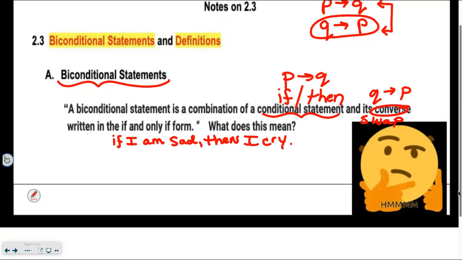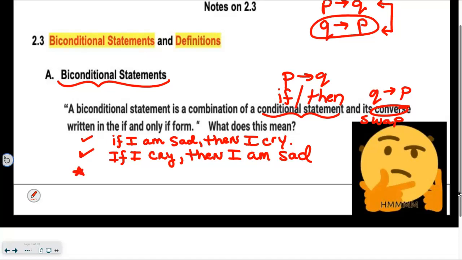And I'm going to take its converse, which means I'm going to swap them. If I swap them, if I cry, then I am sad. So that's what this means up there when it says a combination of the conditional statement, check, and its converse, check. Now it says written in the if and only if form.